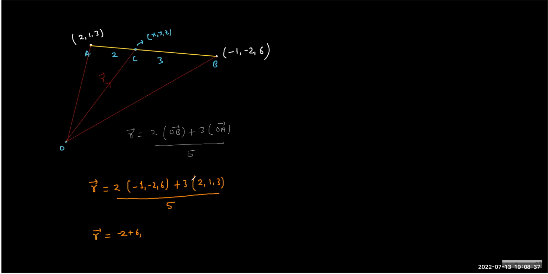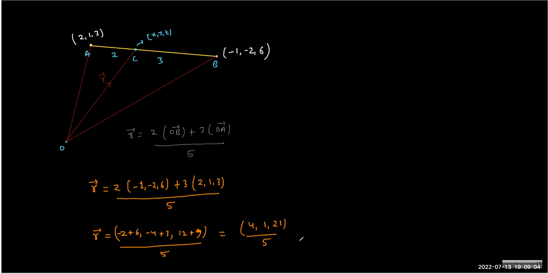So we can add the components one by one. So -2 + 6, comma, -4 + 3, comma, 12 + 9. Am I right, guys? Just tell me. Yes, sir. We are just multiplying and adding the components one by one. So what I'm left with? 4, 1, 21.